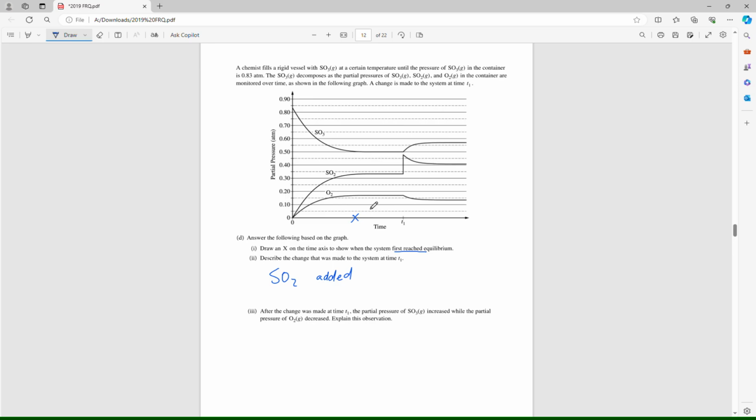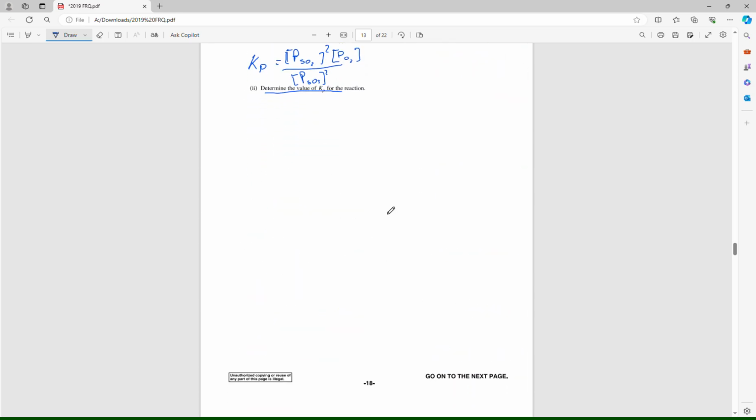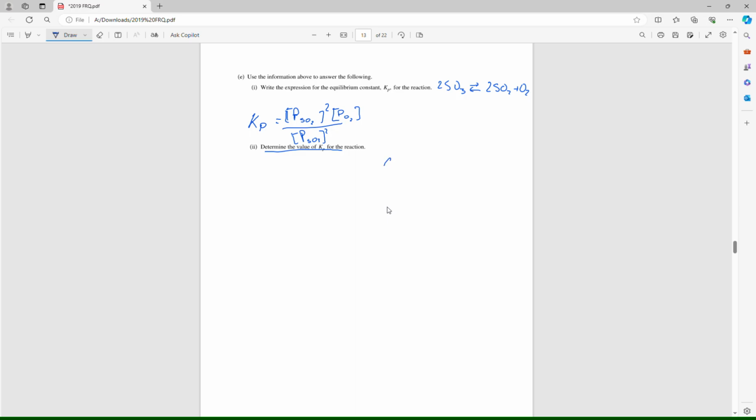So let's go down and write those out real quick. O2 was 0.17, SO2 was 0.33, and SO3 was 0.5. We'll plug all those things in.